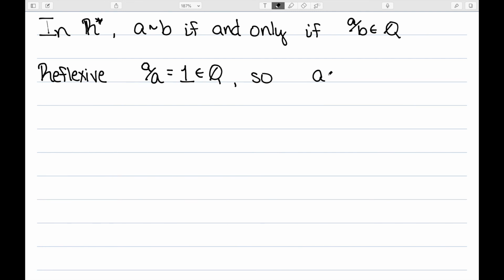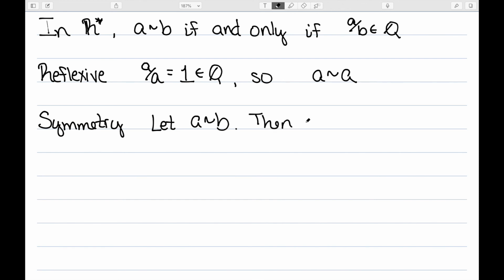So we can say that A is equivalent to A. Next, let's consider symmetry. Let A be equivalent to B. Then we know A over B is a rational number. Well, flipping the fraction over is still going to be a rational number. It's just going to be the reciprocal. So that tells me that B is also equivalent to A.